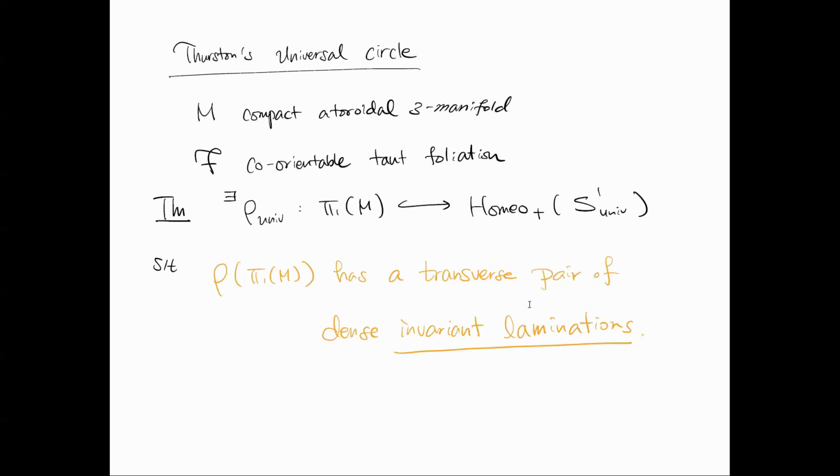And another data obtained in Thurston's work is that this action has a transverse pair of dense invariant laminations. I'll explain the word in a minute, but not only is this a very nice action on the circle, which captures the pi1 action from the perspective of the foliation, but it also has some invariant structure, which I want to focus on today.